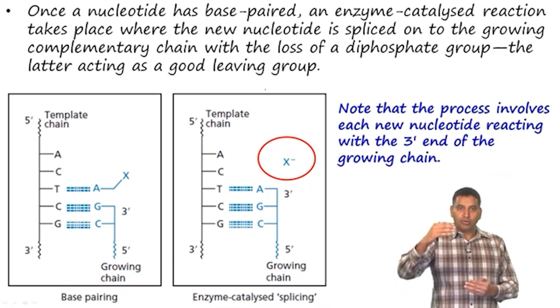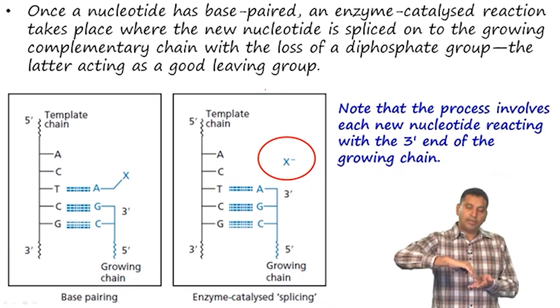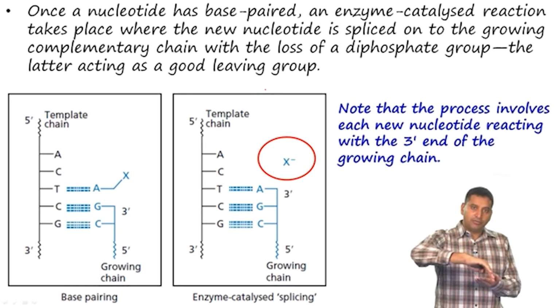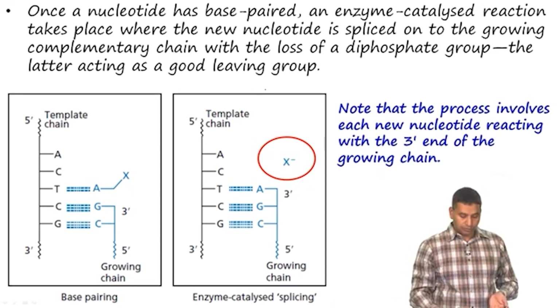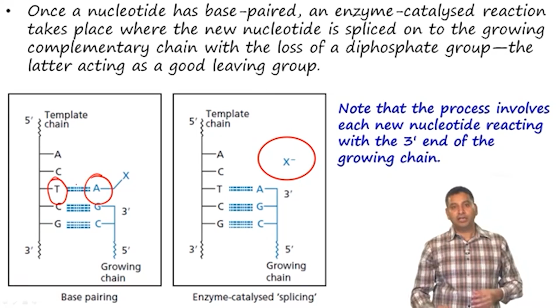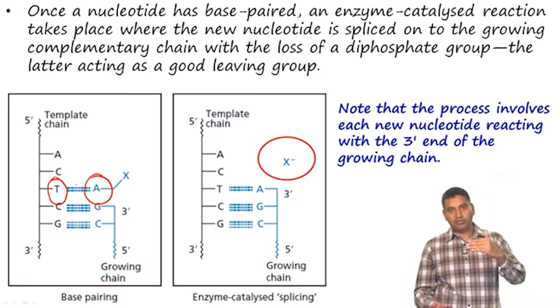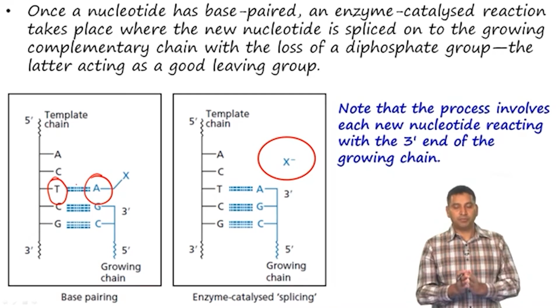Okay. So, to summarize, what happens is that in the growing chain, the next base that comes in is always complementary to the template chain. Okay. So, the thymine always reacts with adenine and forms a hydrogen bond, which then helps in chain elongation in a sequence specific manner.